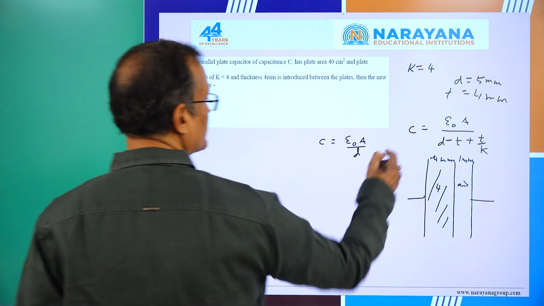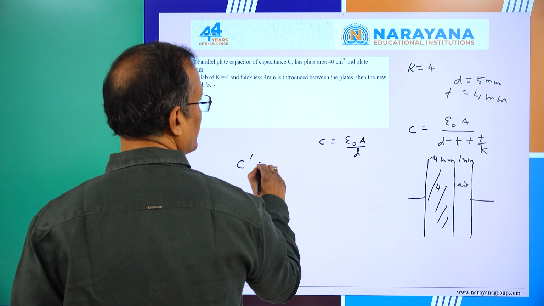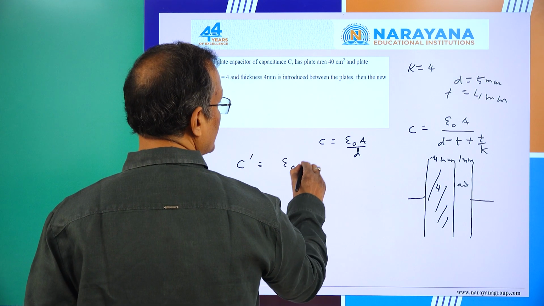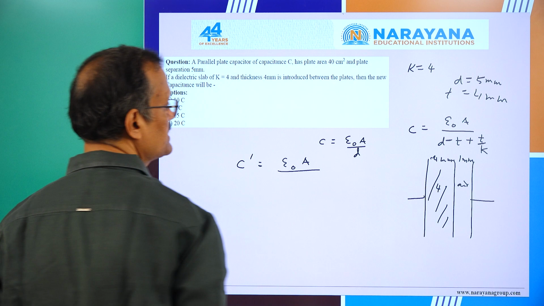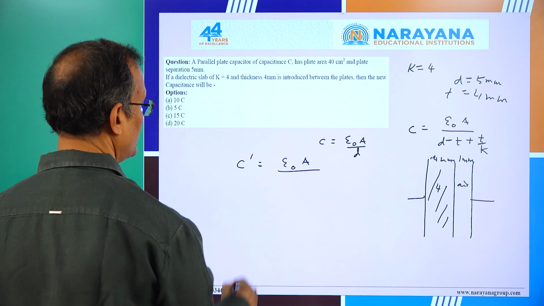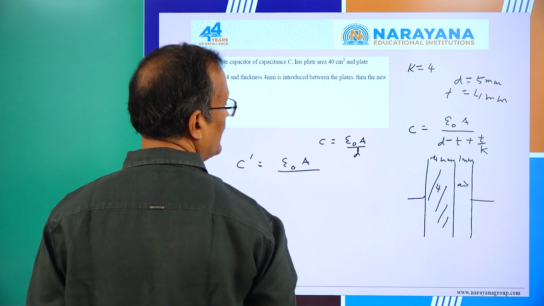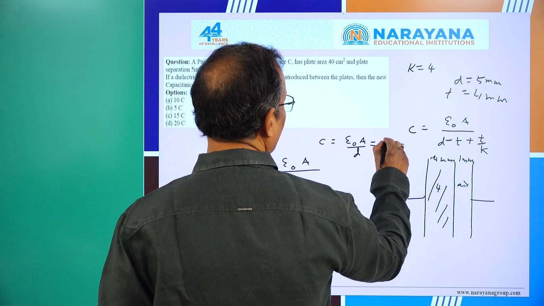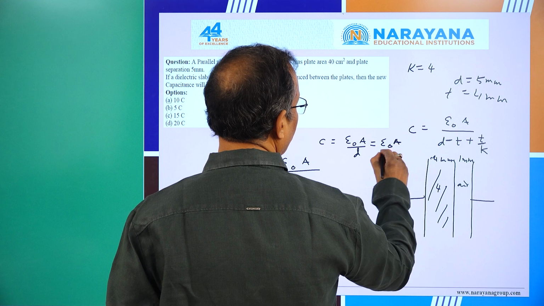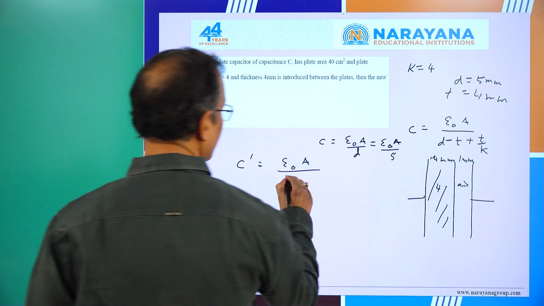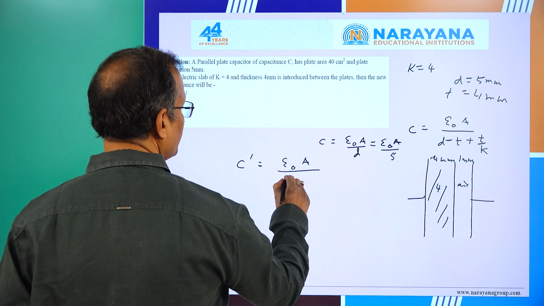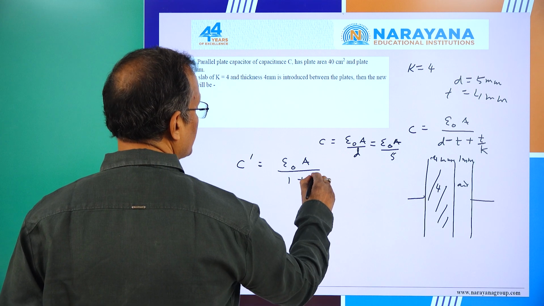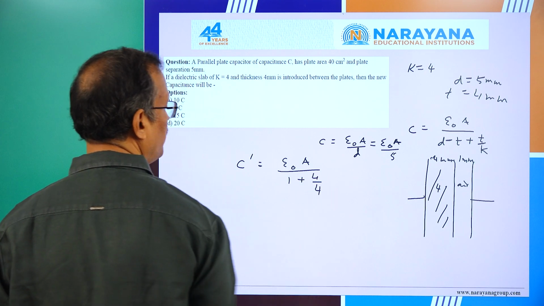Now if you go for this, then C dash will be equal to epsilon naught A by D minus T, that's 1 millimeter. So if this is D, I am taking 5 millimeter, so epsilon naught A by 5. Here I will directly take D minus T as 1 plus 4 by 4.